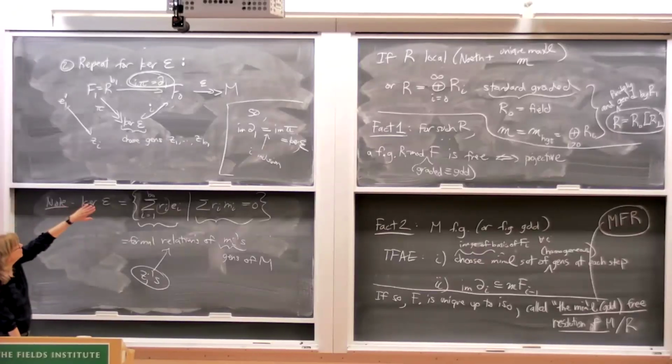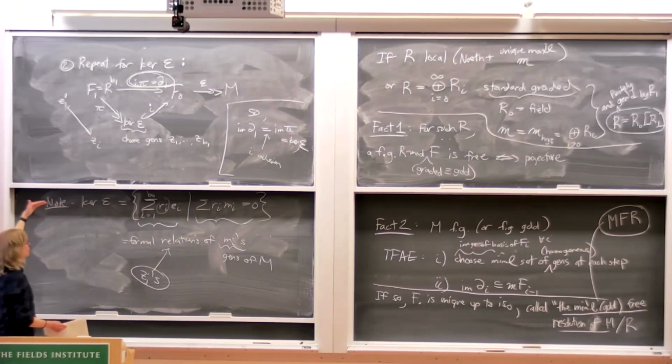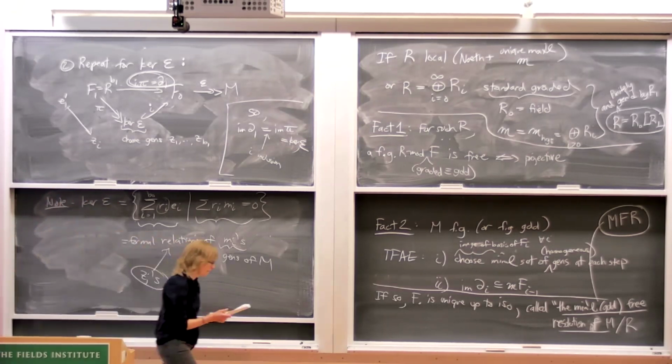You sort of replace the module by a free object, but it's not enough to replace it by one free object because it's not isomorphic to a free object, but it keeps approximating how far it is from a free object. So it's sort of inductively checking how close it is to something free. Okay, so you've replaced M by its resolution without losing all the same information.